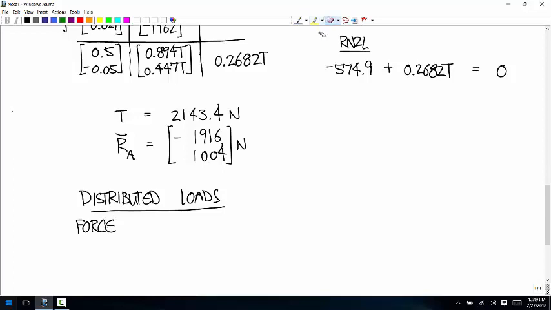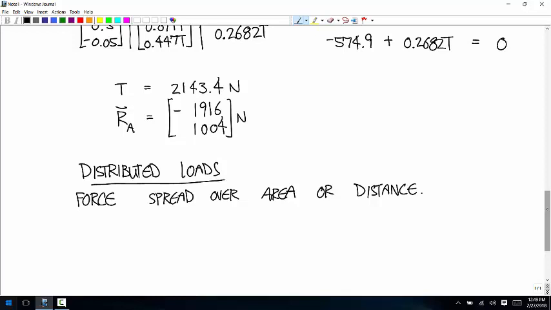So it's a force that's spread out over an area or a distance. In fact, really point loads are the things that don't exist. No matter how close to a point load it is, if you magnify enough, that force is spread out over some area in 2D over some distance.